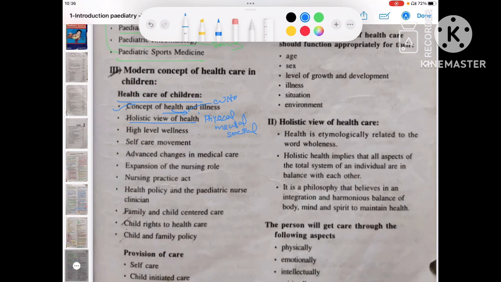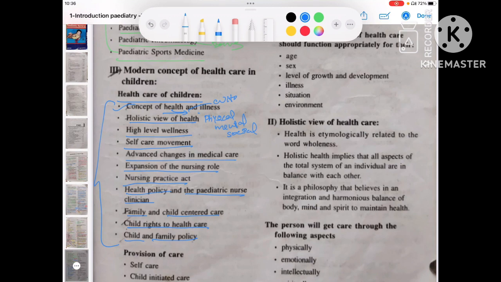Then high level of wellness, self-care movement, advanced changes in medical care, expansion of nursing role, nursing pediatric act, health policy and pediatric nurse clinician, family and child centered care, child rights to health care, child and family policy. These are the health care of children.